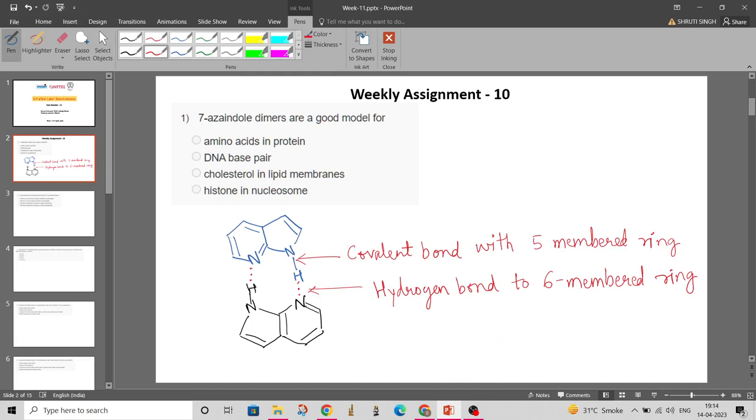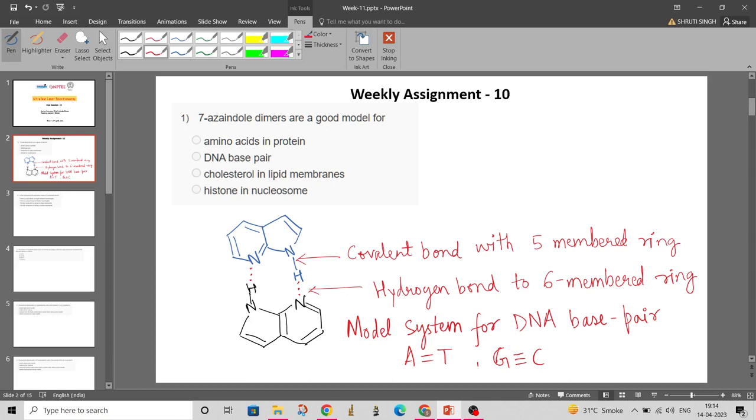Okay, so this kind of thing is found in DNA base pair. So it is a model system for DNA base pair. In DNA we have ATGC base pairing. So this is similar to that. A and T are connected by 2 hydrogen bonds, and G is connected to C by 3 hydrogen bonds.